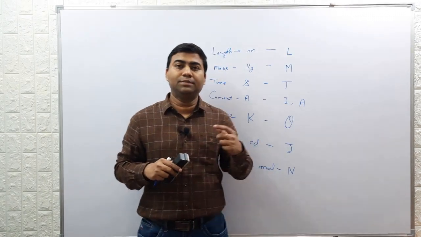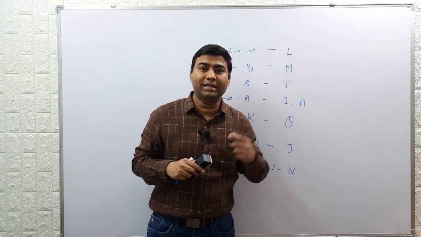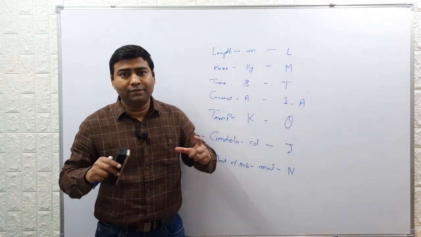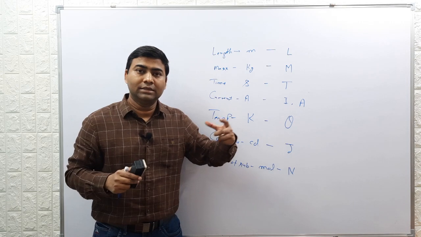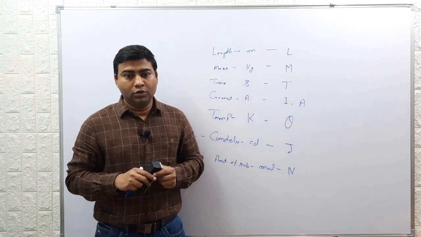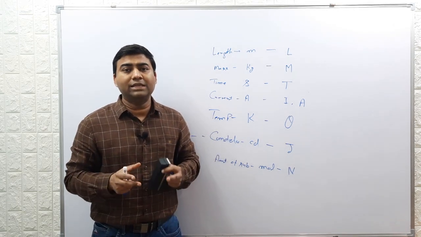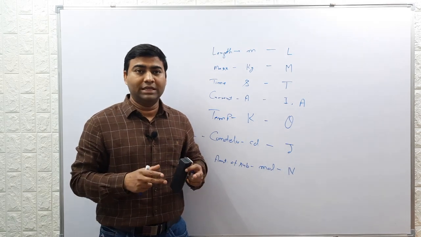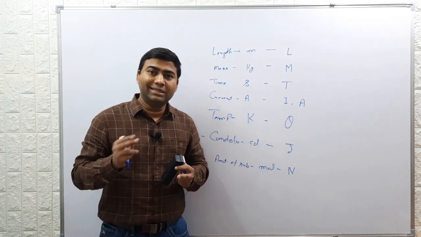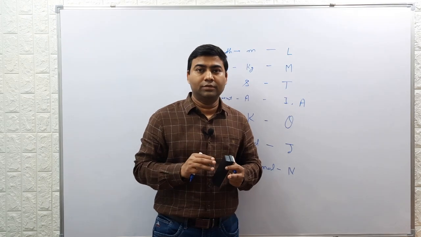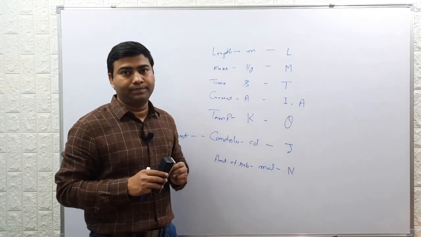In the FPS system it will be pound foot per second square. So you will have different units in different systems of units. To standardize the representation of units in symbolic form, irrespective of the system of units, we use dimensional formula.